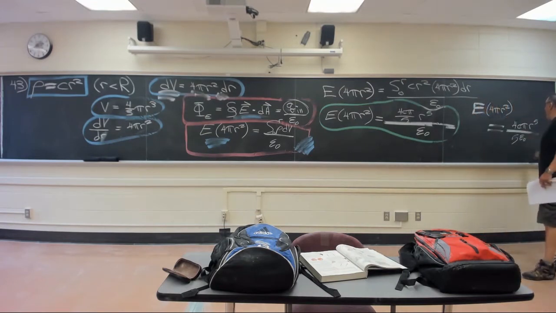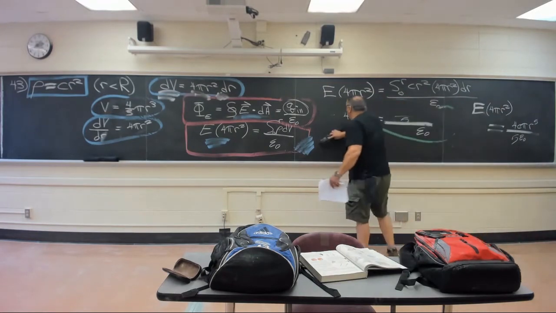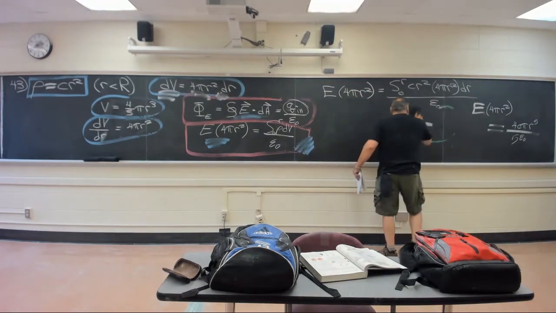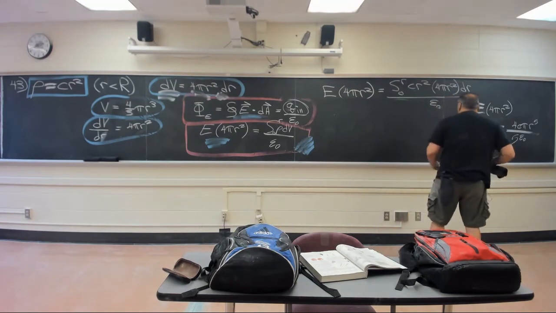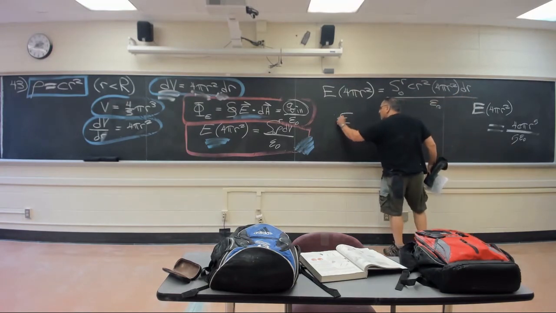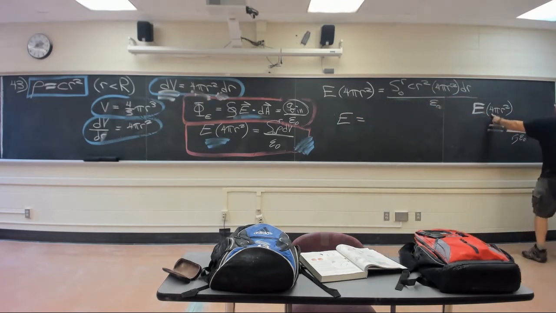Divide by 4 pi r squared on each side, and let's see what happens. 4 pi r squared goes underneath.